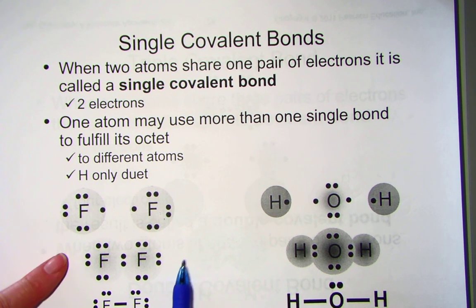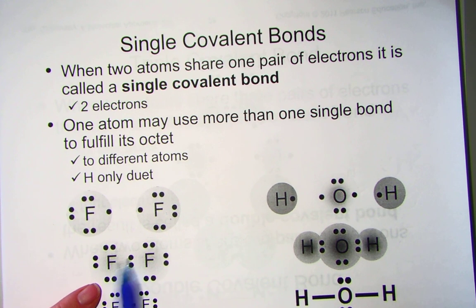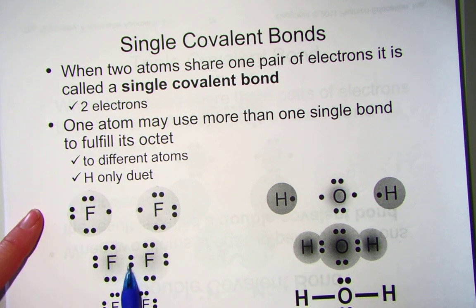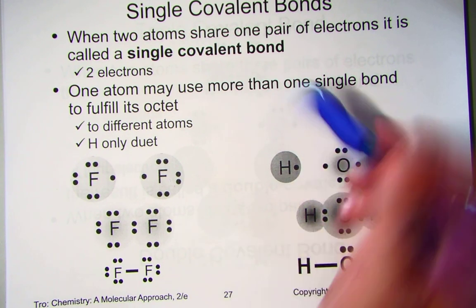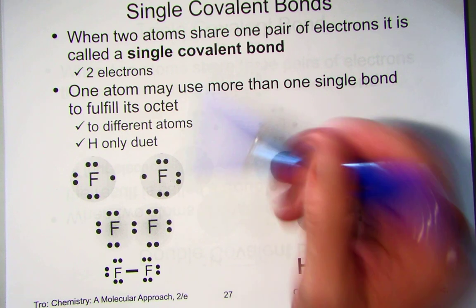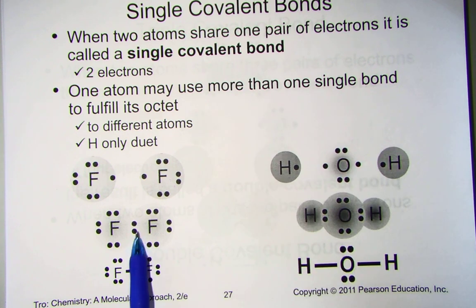Take this, however, and literally overlap the orbitals so that these 2 electrons become a shared pair. And when I count now, both nuclei have an octet. This shared pair of electrons is often represented by a single bond line.